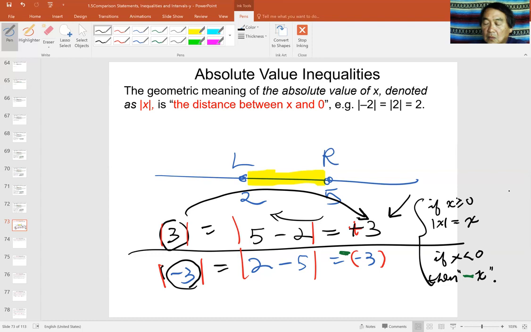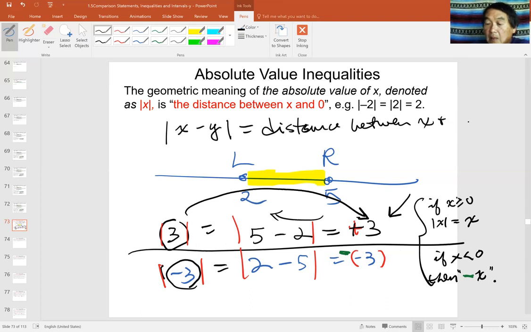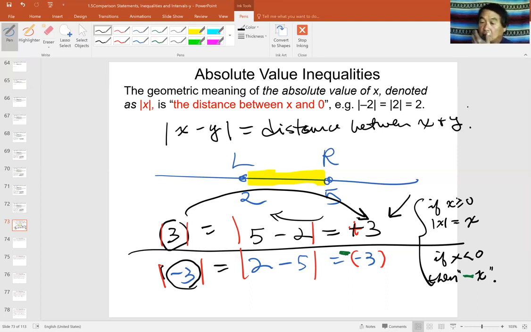But the absolute value of x minus y is the distance between x and y. Always positive.